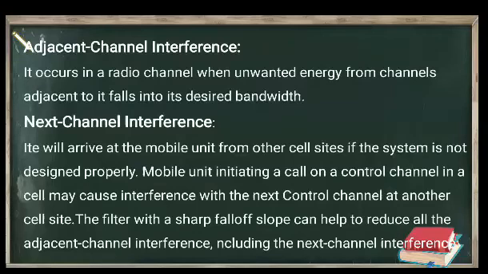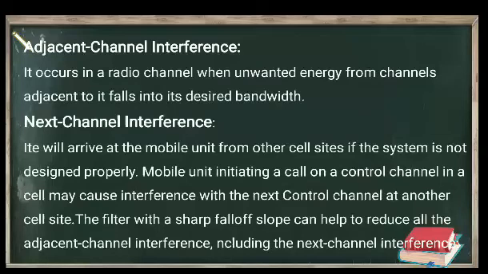Adjacent channel interference occurs in a frequency channel, radio channel, when unwanted energy from channels adjacent to it falls into its desired bandwidth. See here, the adjacent channel frequency enters into the desired bandwidth, and due to that frequency the interference is caused. Such interference is called adjacent channel interference. In the next PPTs we will see adjacent channel interference in detail.